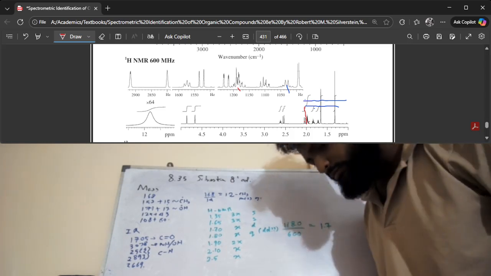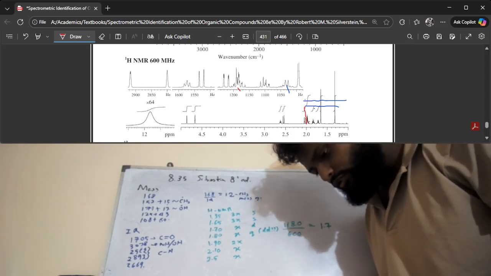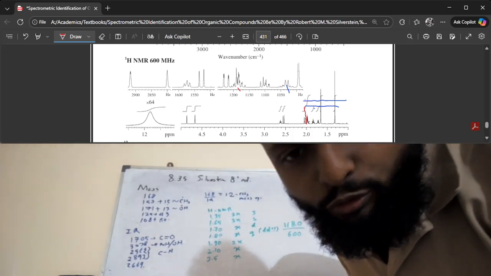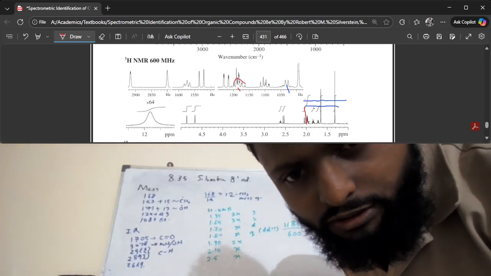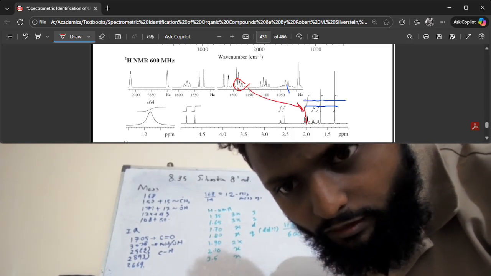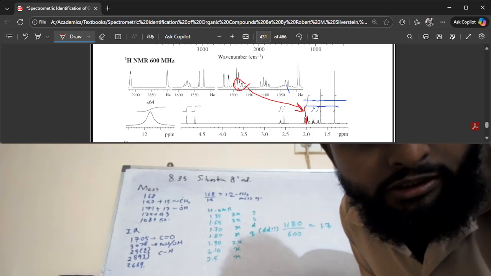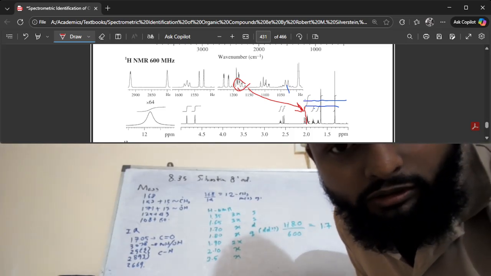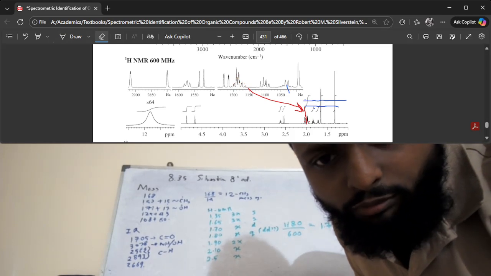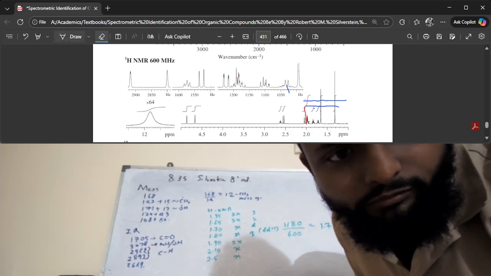You could just assume what each of those peaks mean, connecting these peaks with these by assumption. But it's always better to do the calculation and be sure that you're connecting it properly, because if you don't connect it properly, you're definitely going to get it wrong.